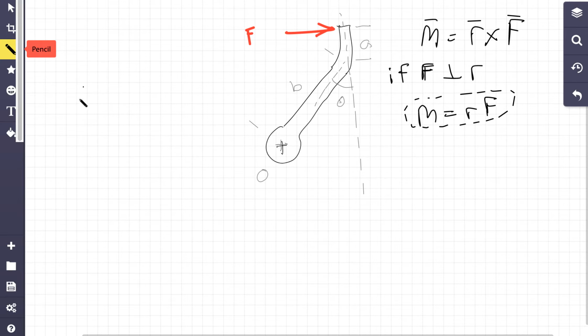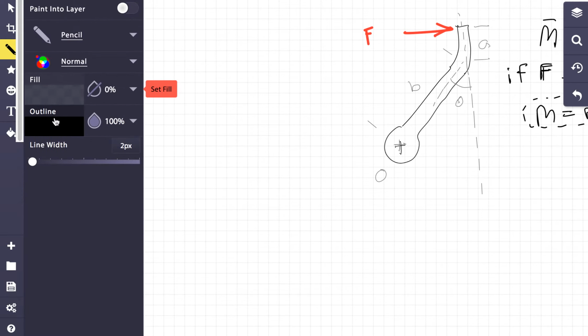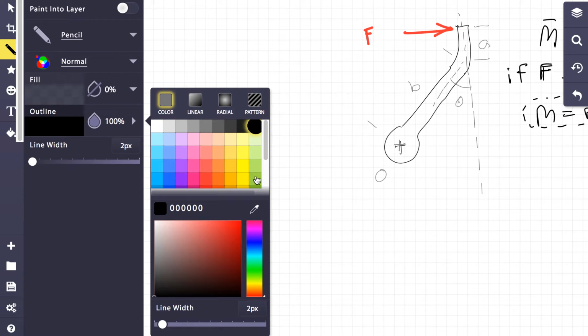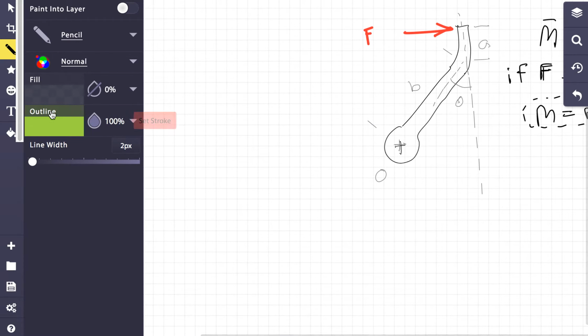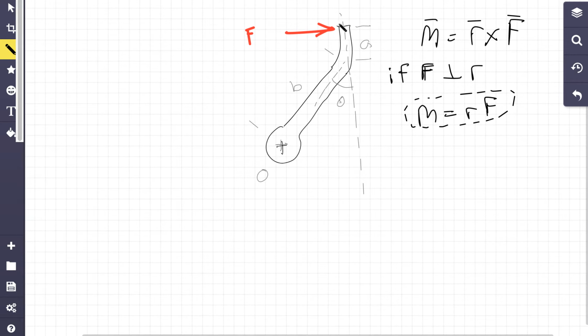So with that, I'm going to have this be green so we can take a look. So with that, we know that F is perpendicular to this line here. We also know that A is perpendicular, but we can also make a line that's parallel to the force by here and making this a right triangle here.